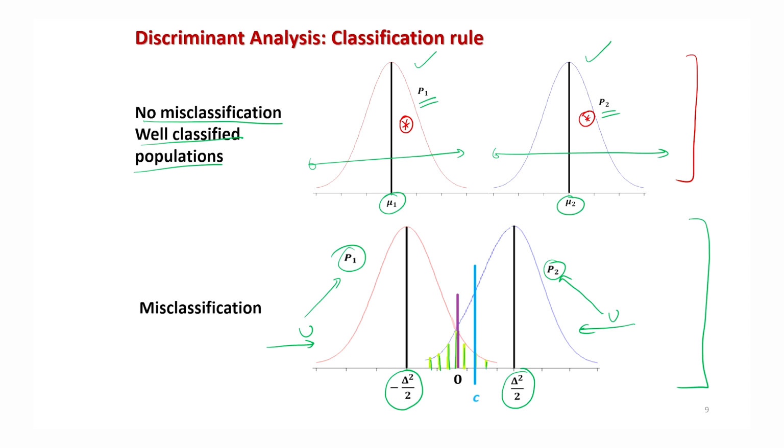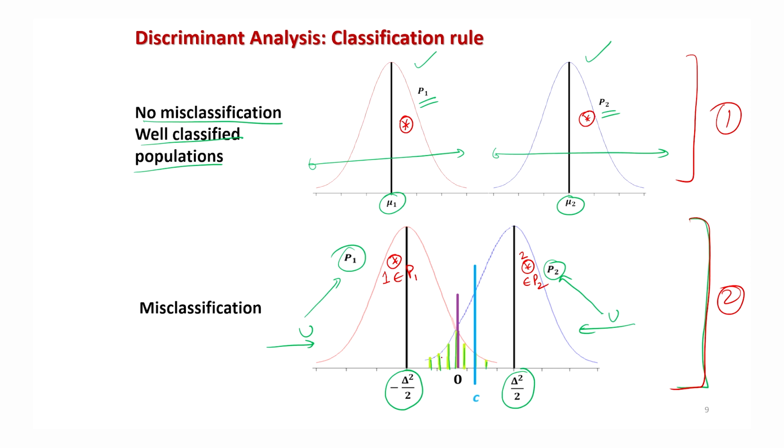Now, let me call this graphic number 1 and graphic number 2. In graphic number 2, if the observation is lying somewhere here, point number 1, then I will say that it belongs to P1 without any problem. If the observation, point number 2, is here somewhere, I will say that it belongs to P2 without any problem.